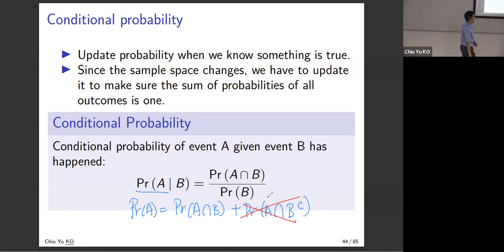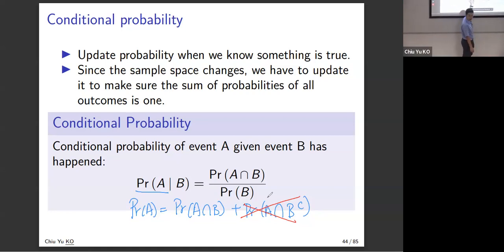You probably ask, okay, now I understand the numerator, but what about the denominator? Why do we divide by probability of B? The reason is axiom 2. It says the probability of the sample space must equal 1. So suppose A is exactly B. We need this to be 1.